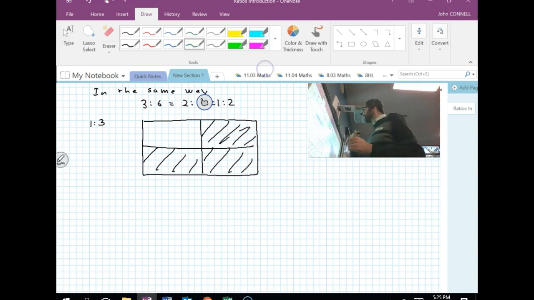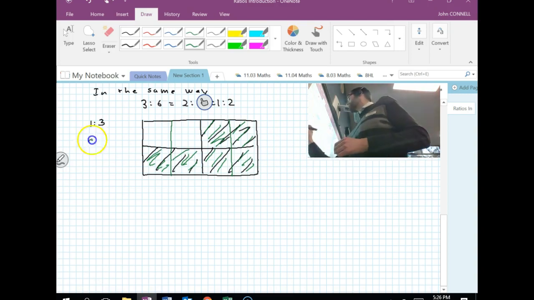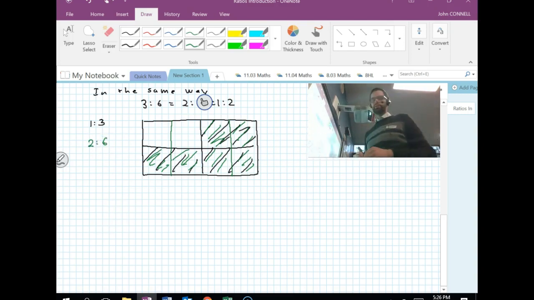But let's say I split each of these rectangles in 2. Then if I just look at the green, I've shaded in 6 separate little squares and I've got 2 that are unshaded. So the ratio in green is 2 is to 6. That's equal to 1 is to 3.